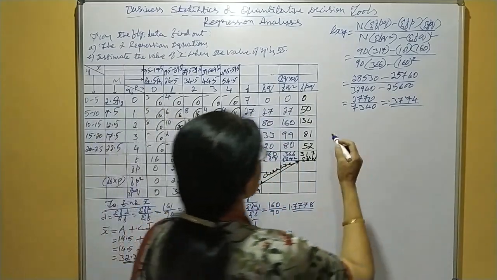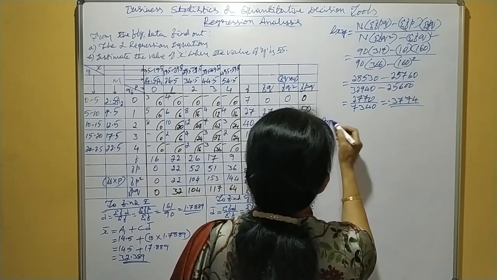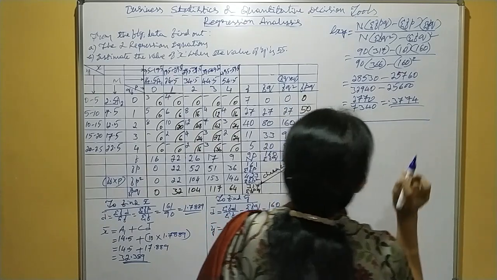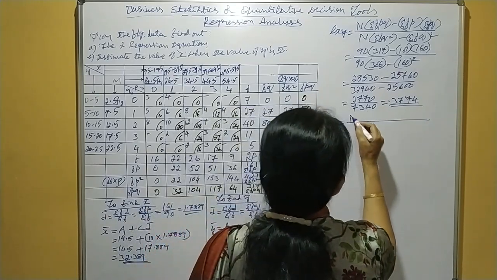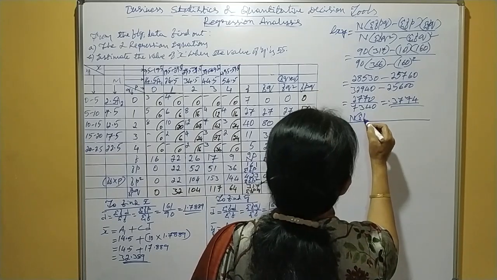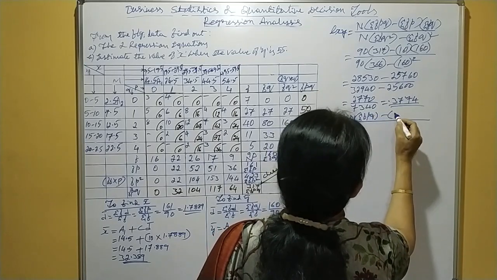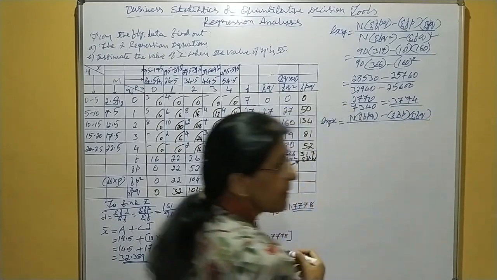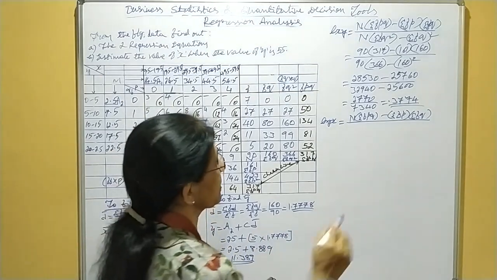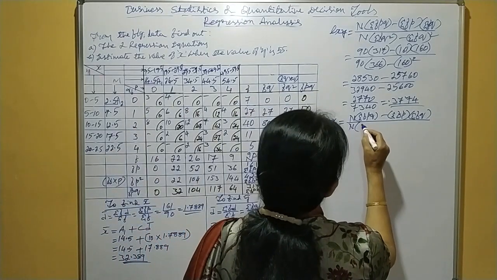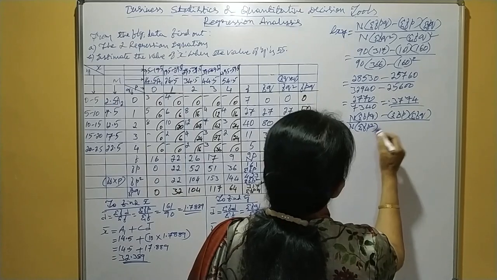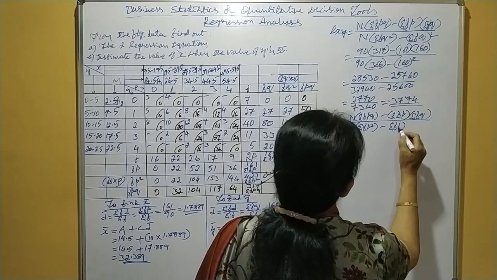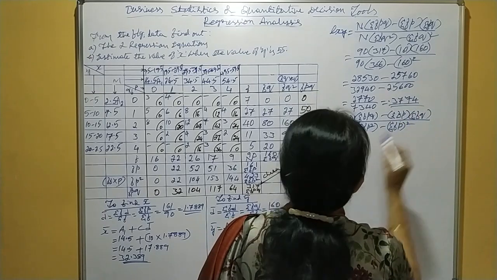Next, we have to take the regression coefficient of y on x, that is byx equals. Here no change in the numerator, same formula: n into sigma fpq minus sigma fp into sigma fq. The denominator is the first part of the correlation coefficient without the square root: n into sigma fp square minus sigma fp whole square.